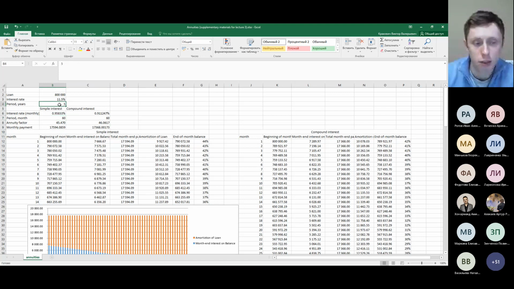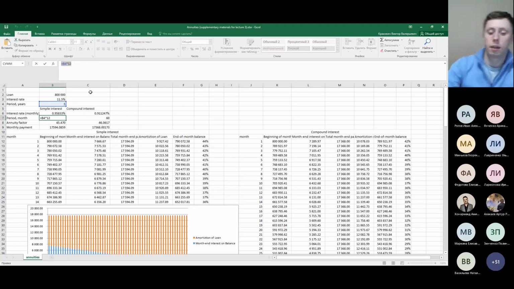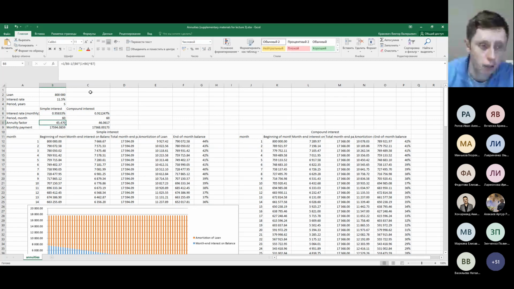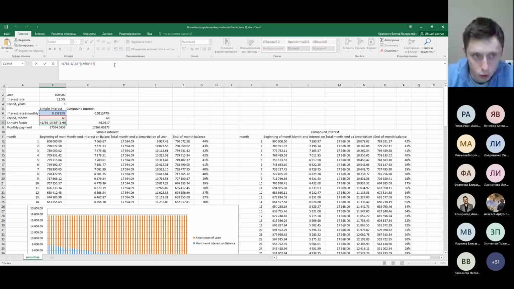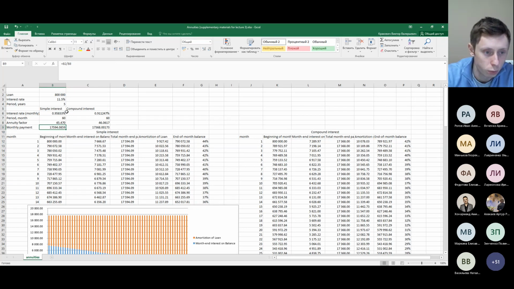There are 5 years, but payment is monthly, so the number of periods is 60: number of years multiplied by the number of months per year. Then we estimate the annuity factor using the formula that you just saw on the slides, and here it is. With this annuity factor, finally, we just divide the total amount by the annuity factor in order to estimate the monthly payment.